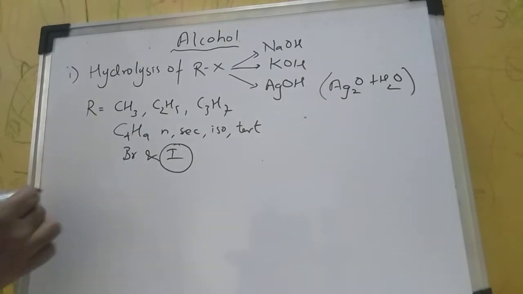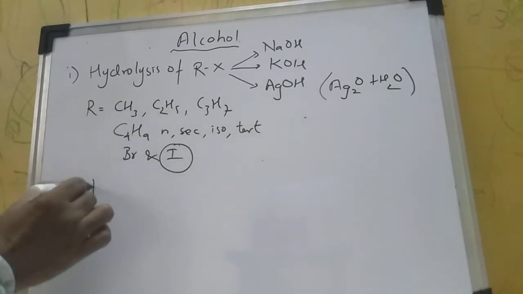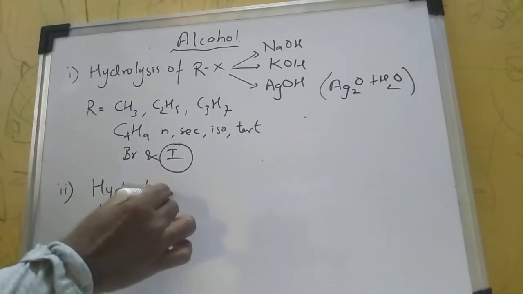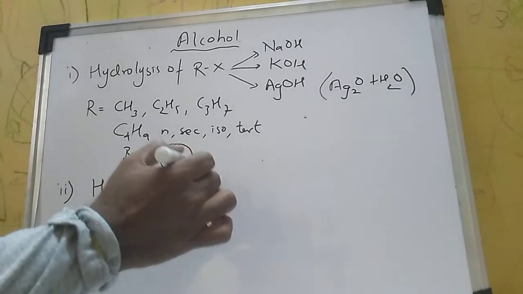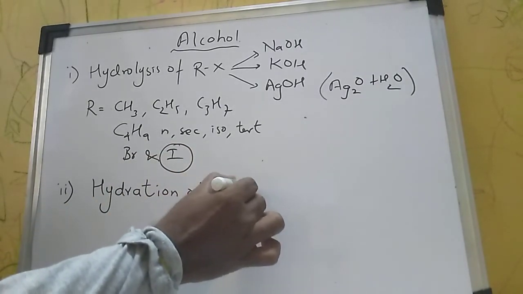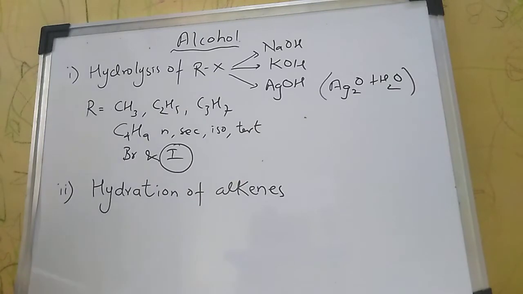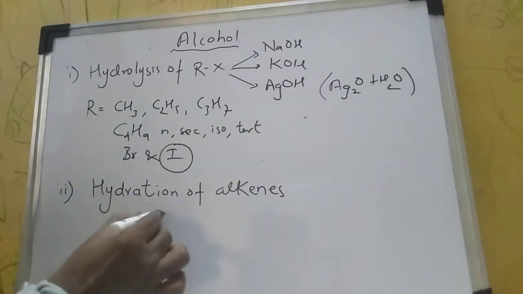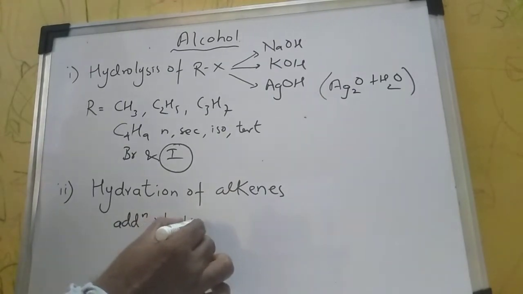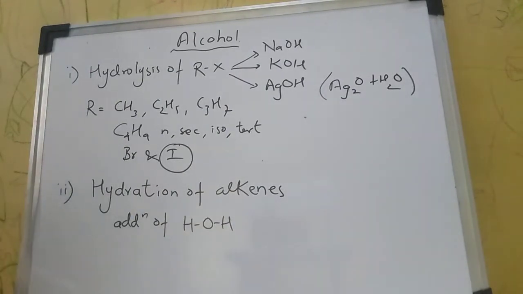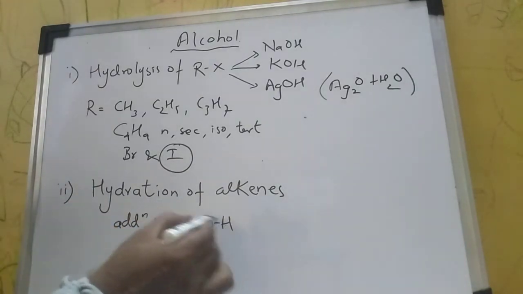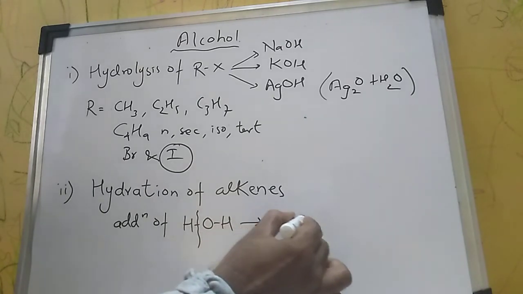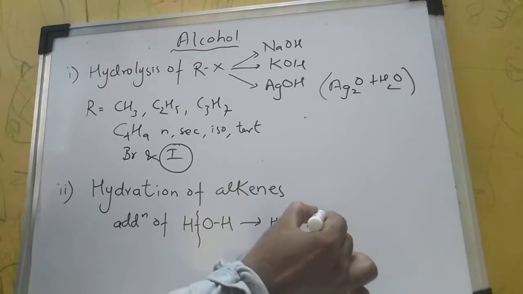Now the next preparation we'll be doing is by hydration of alkenes. Hydration means addition of HOH, where the HOH splits up like this as H plus and OH minus.